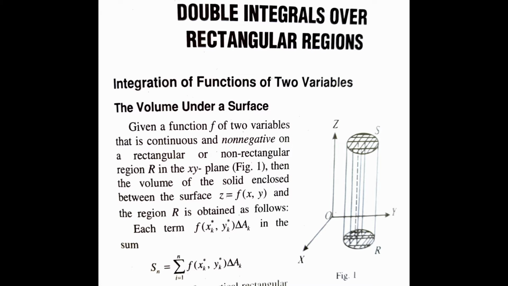Then the volume of the solid enclosed between the surface z equal to f of xy and the region R is obtained as follows.